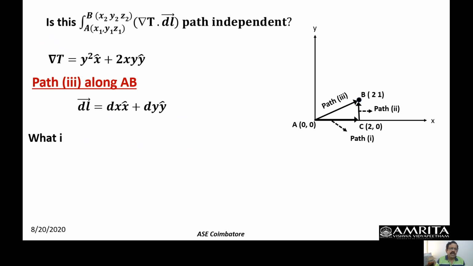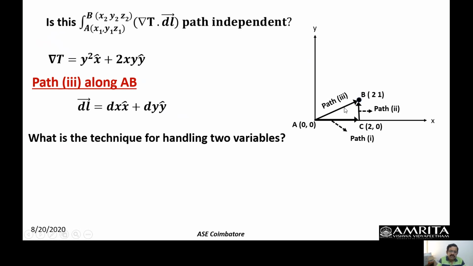So once I substitute along these 3 paths, what is the technique? Now, when 2 variables are varying, what is the technique? Because now I see that dl has both variables, I cannot take it out of the line integral. So I must find a way out.